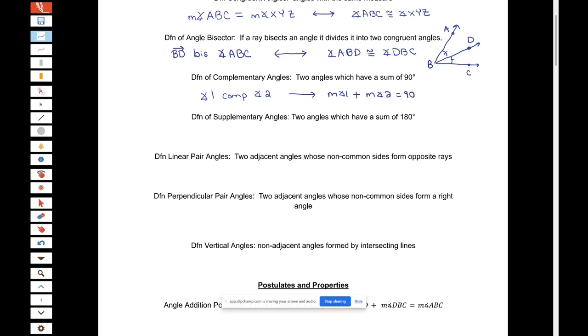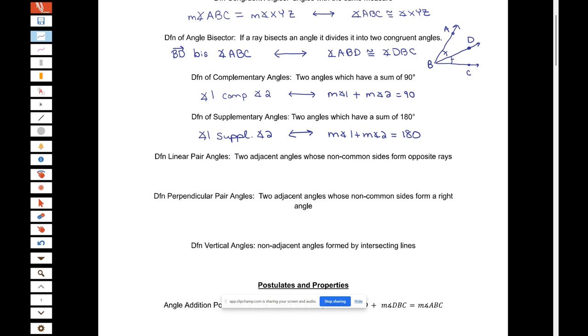You can also go backwards with that. Supplementary angles work the same way. If I say angle 1 supplements angle 2, you can use that to conclude that their measures add up to 180 and the reverse.